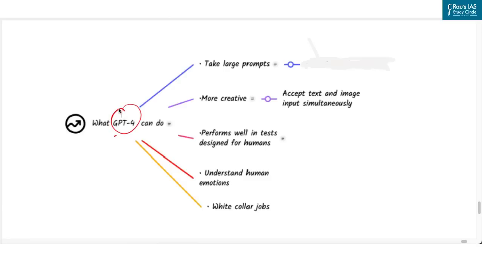Now GPT-4 is a remarkable improvement over its predecessor, that is GPT-3.5, which first powered ChatGPT. So what can GPT-4 do? The first thing, it can take large prompts. While GPT-3.5 could not deal with large prompts, GPT-4 can take into context up to 25,000 words, an improvement of more than 8x.